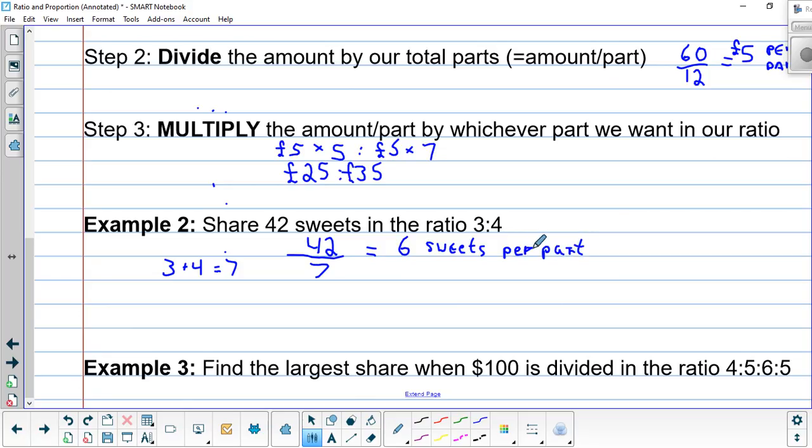Then we want to multiply back into our ratio. So we multiply back in. So 3 times 6 sweets, and then we have 4 times 6 sweets. This gives us 18 sweets to 24 sweets.